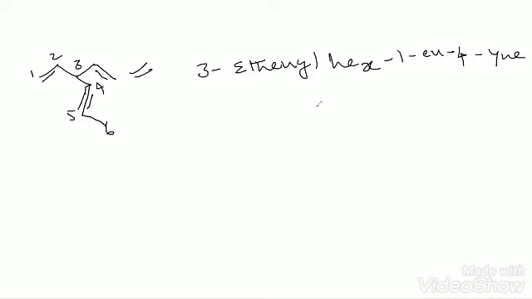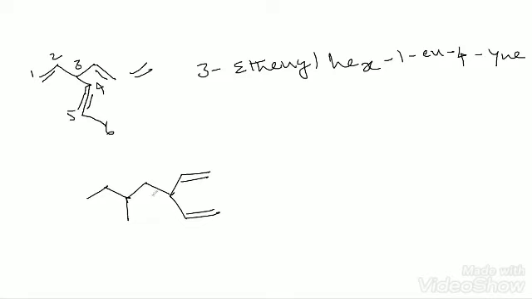Here I am taking an example of an unsaturated compound. Let's try to give the IUPAC name for this one. So this is your compound. Let's try to name this one.